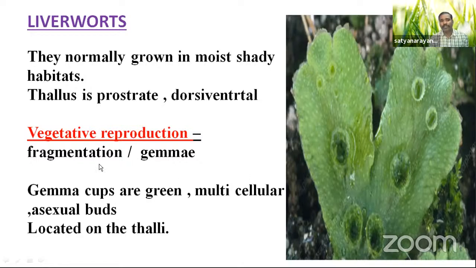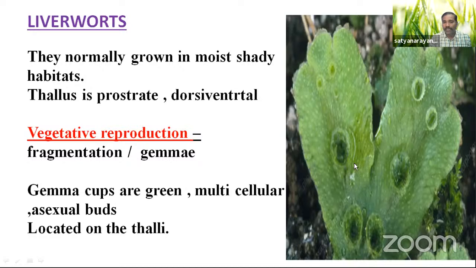Now, what kind of reproduction happens? Vegetative reproduction is done by fragmentation or gemma cups. Now, these are the gemma cups. They are green in color, multicellular, and they are asexual buds.